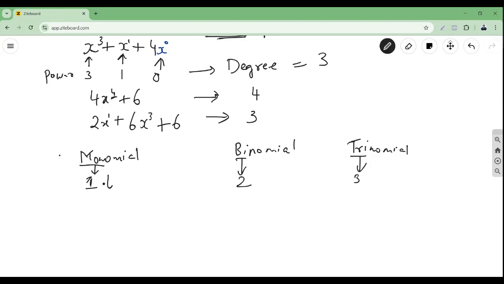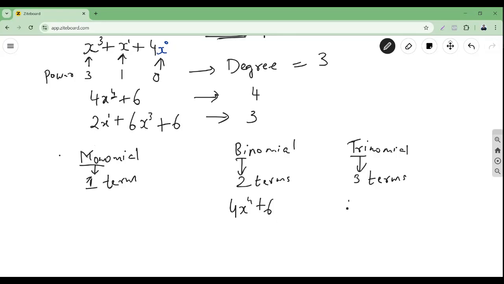What are we talking about here? Monomial means one term. Binomial means two terms are there. Trinomial means three terms are there. Taking the previous example itself, 4x power 4 plus 6 is a binomial.